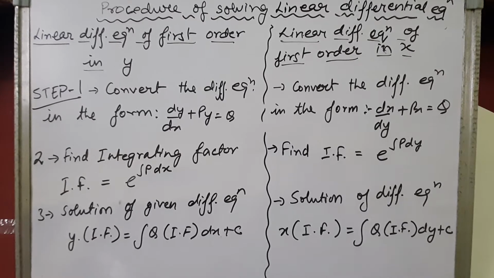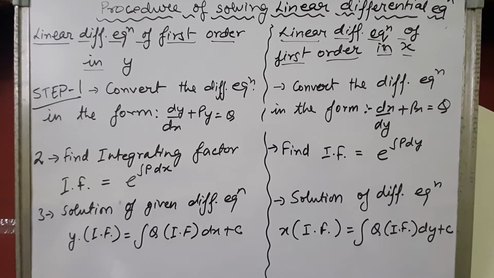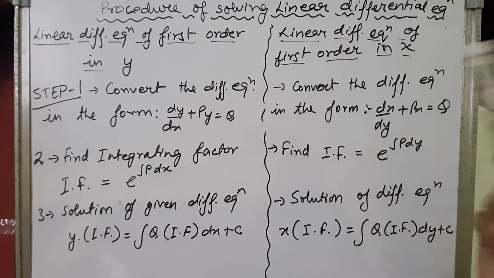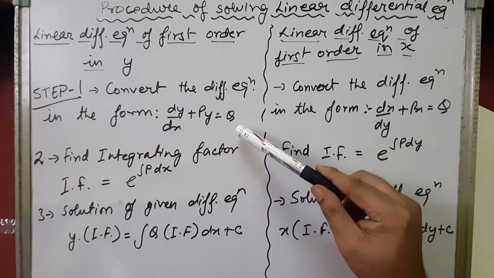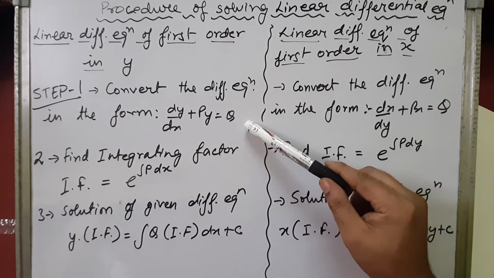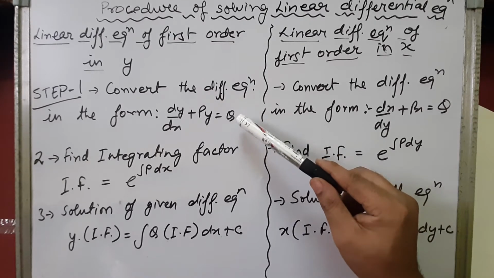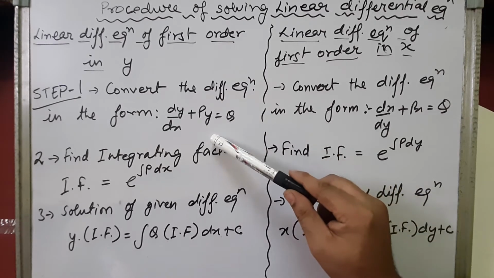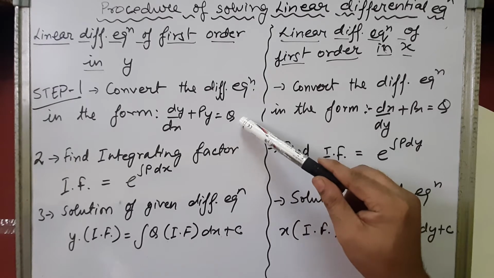Okay children, let's see the procedure of solving linear differential equation. Linear differential equations are of two categories: the linear differential equation of first order in y and the linear differential equation of first order in x. If we can convert the differential equation into the form dy by dx plus py equals q, then this is a linear equation of first order in y. So first step is to convert the differential equation into the form dy by dx plus py equals q.